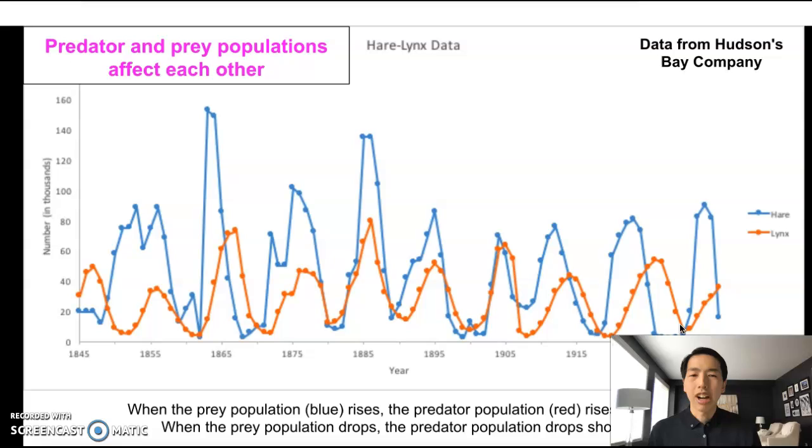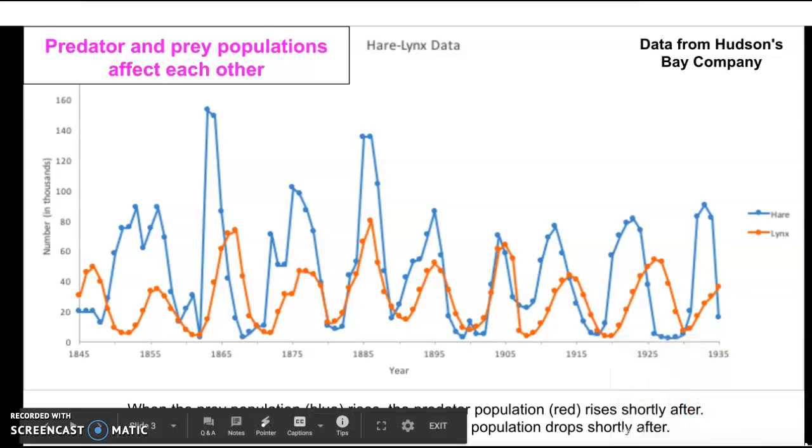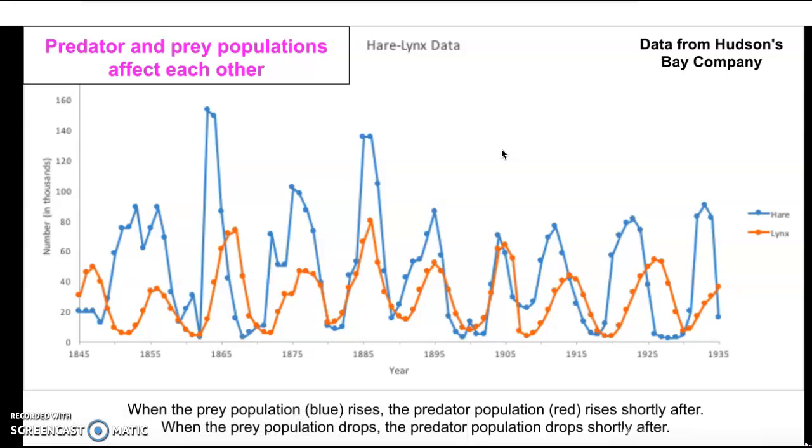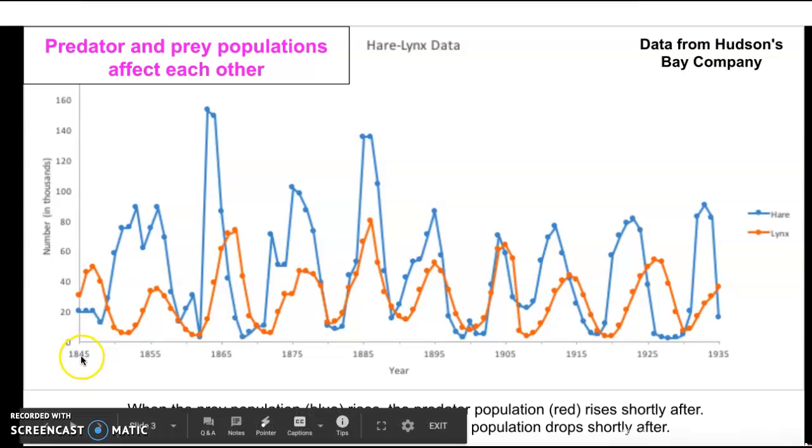So this graph here is some famous data actually, because it goes all the way back to 1845. My graph here goes up to 1935. So that's a 90-year span, and this is real data.